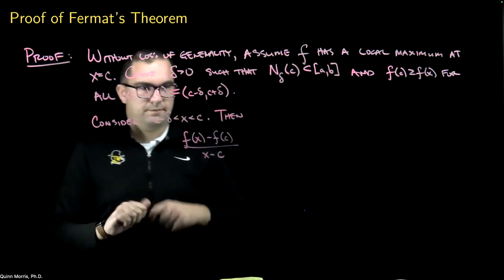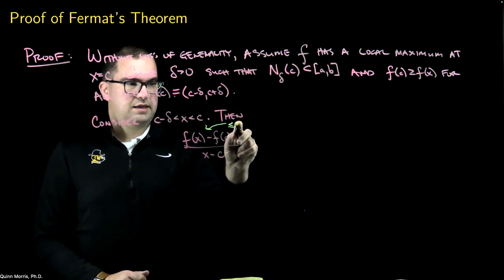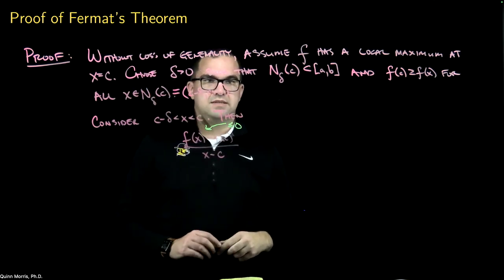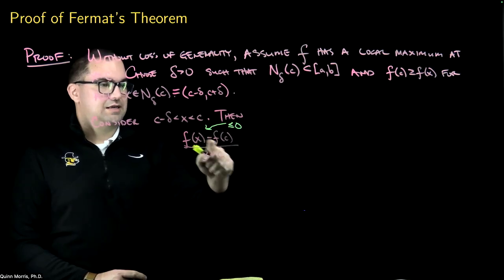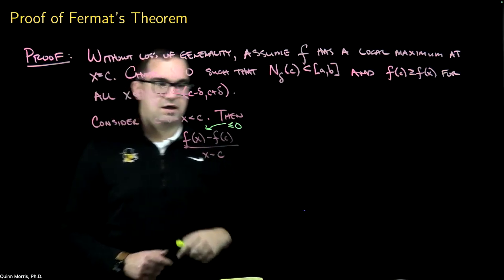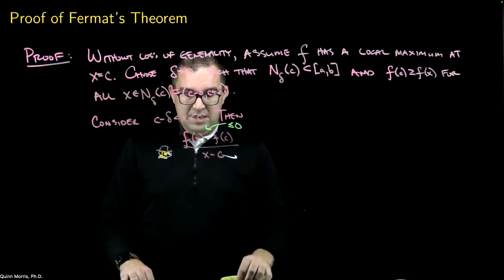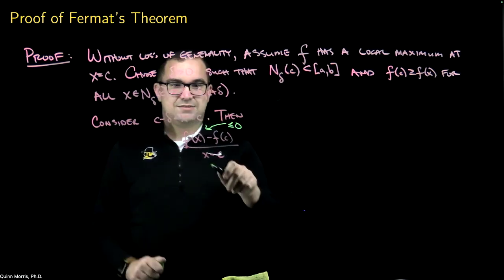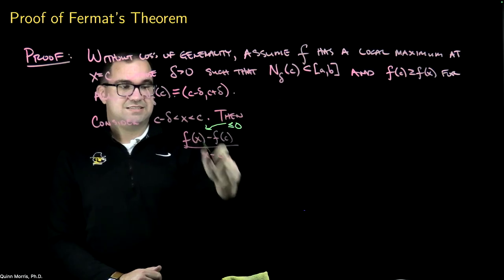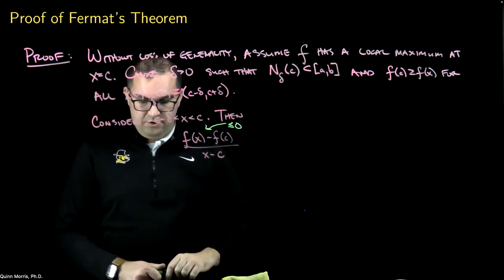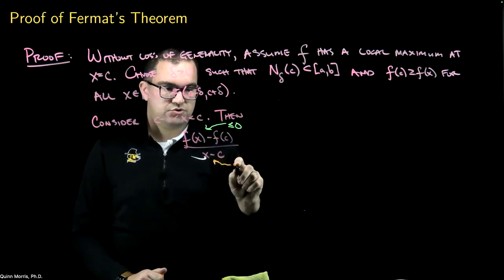So this numerator piece here is always going to be non-positive, right? f of x is going to be less than or equal to f of c. So this difference, at the largest it could possibly be is 0, otherwise it'll be negative. If I look at the denominator, x minus c, I'm looking at x values that are less than c. So this difference will actually be strictly negative.